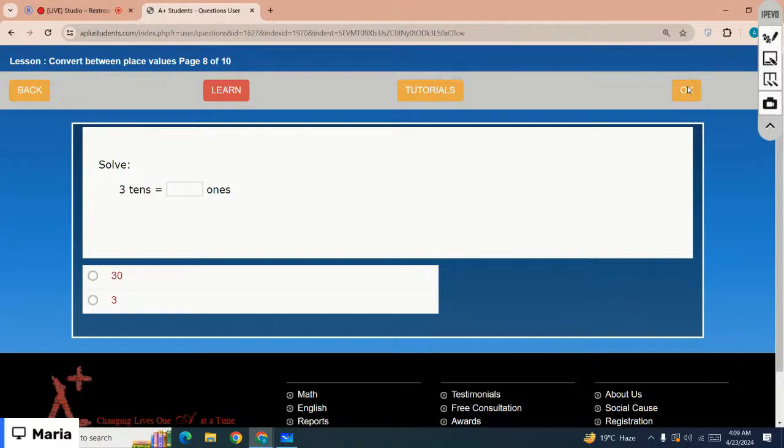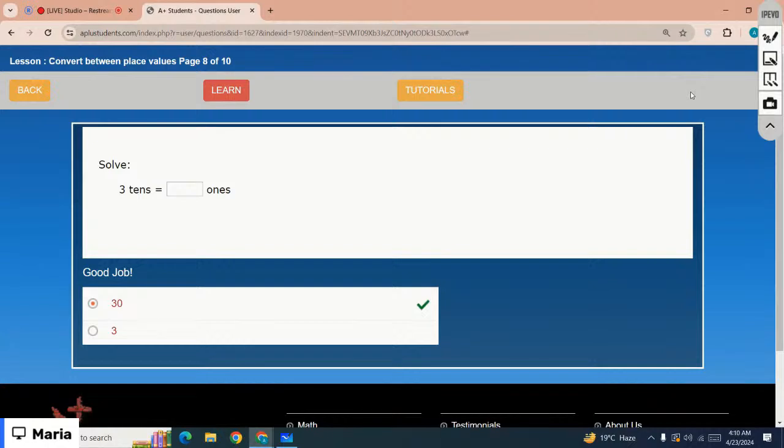3 tens equal how many ones? 3 tens equal 30 ones. The correct option is 30. Write the answers once.